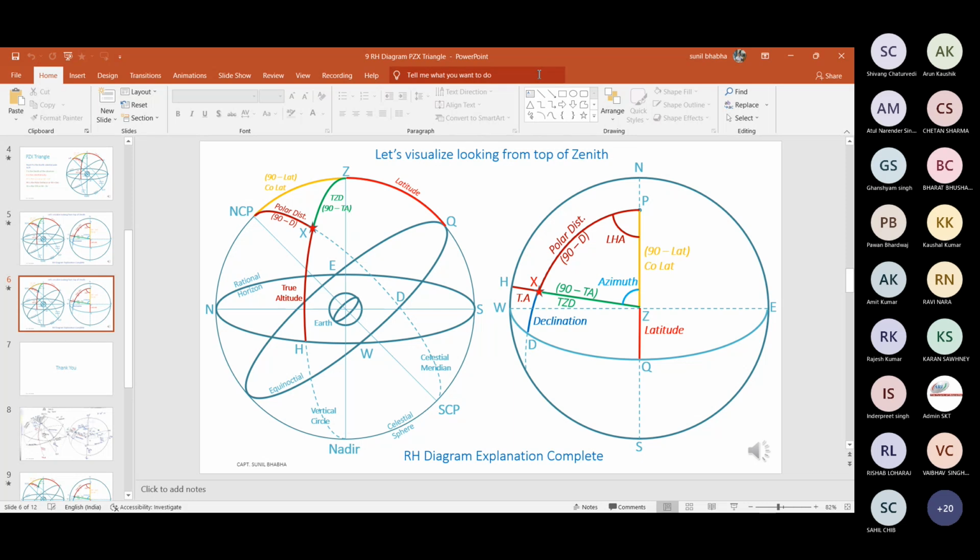So beta, this was what we did yesterday. So any doubt or any clarifications in this diagram, PZX diagram, any doubts you are having, you can ask me.